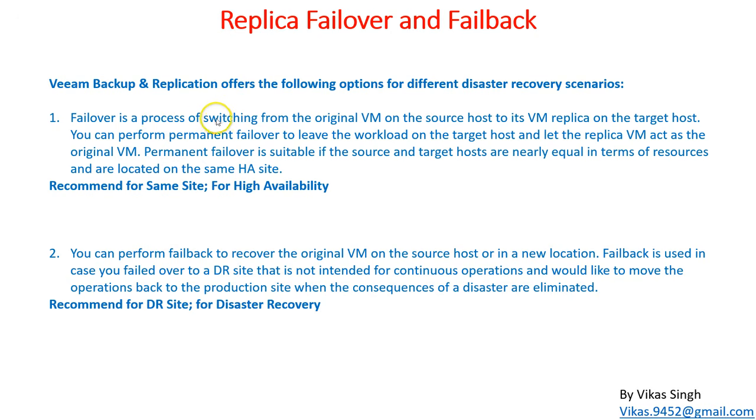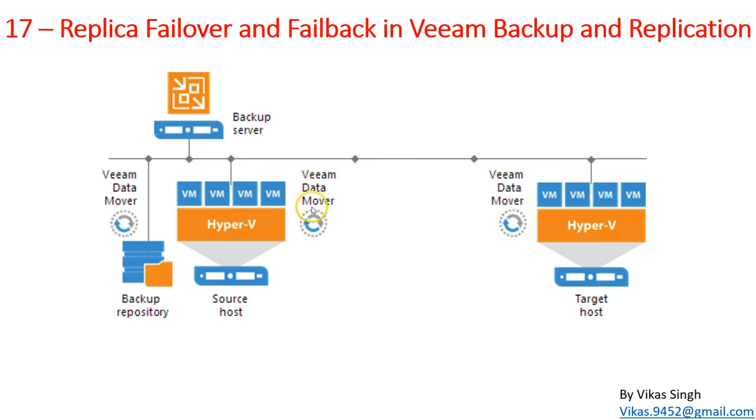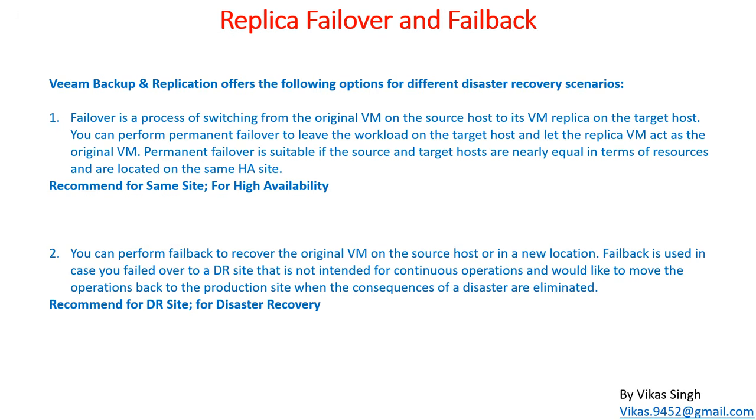Failover is a process of switching from the original virtual machine on the source host to its VM replica on a target host. For example, if we have this host which is getting replicated to another host in the same site, we can use failover to get this virtual machine up and running on the other host in case anything goes wrong with your primary host or primary virtual machine.